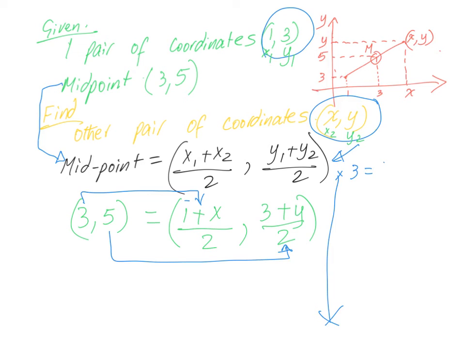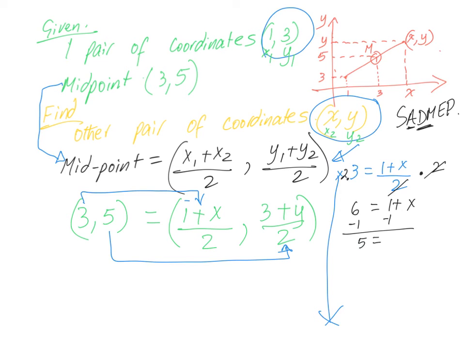So 3 is equal to (1 plus x) divided by 2. If you remember SAD map, now we have division. So what's the opposite? Multiply. So let's multiply. What's 2 times 3? 6. 1 plus x. This 2 will cancel. And then we have addition, so let's subtract 1. So x is equal to 5. So we found this value right here.